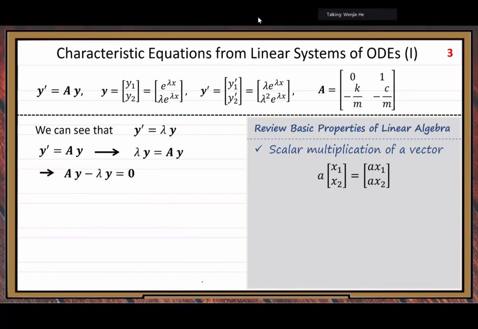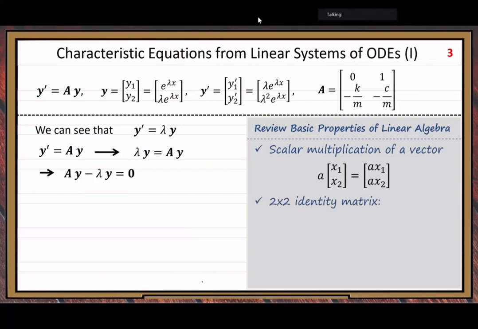Let's solve it. Y vector in the first term, y vector in the second term, is common in these two terms. So we can factor it out. Factor y vector out.